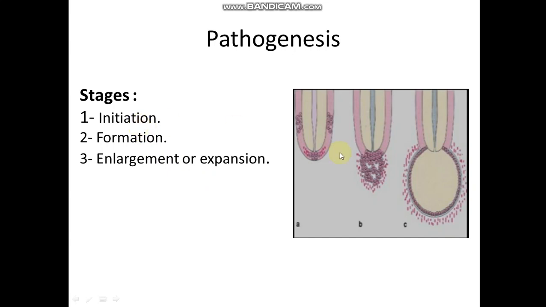Here we can see the initiation stage of the inflammatory cyst, for example periapical cyst or radicular cyst, or even residual cyst, because residual means that after tooth extraction, the cyst remains within the jaw. Due to pulp infection, the infection spreads to the periapical tissue, and since there is a defense mechanism, this leads to the formation of periapical granuloma.